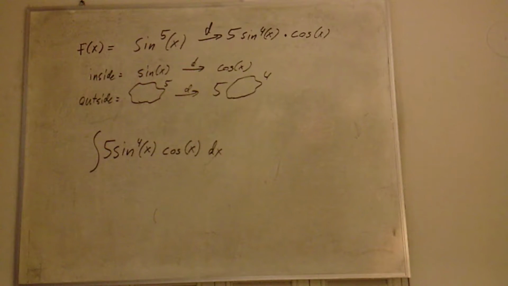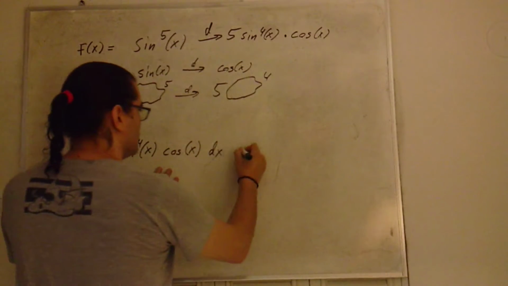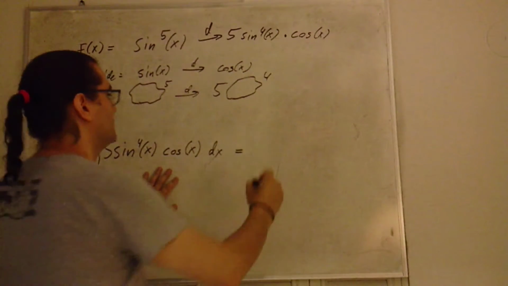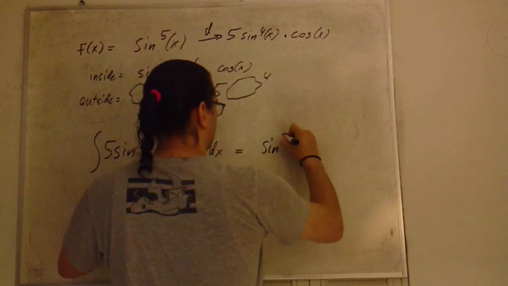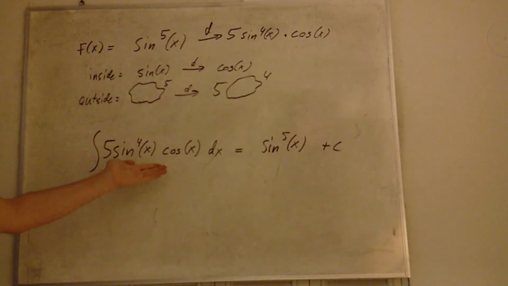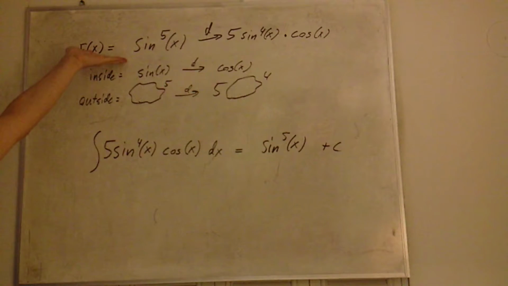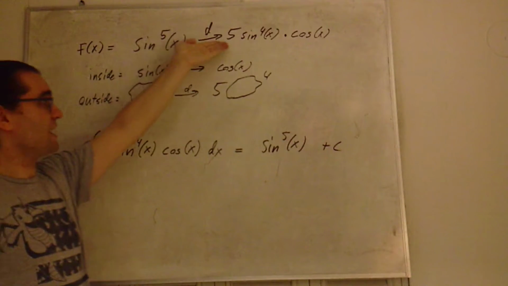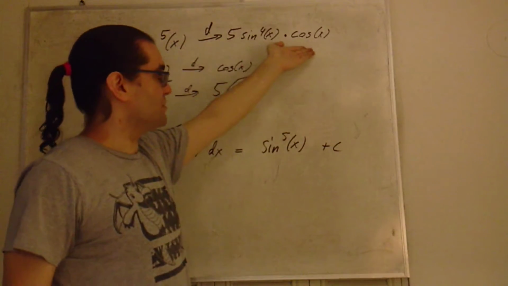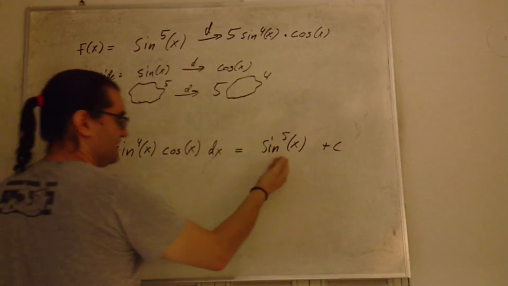The antiderivative of 5 sine to the 4th x times cosine x should be sine to the 5th x plus c. I know this because we just did that here. If the derivative of sine to the 5th x is 5 sine to the 4th times cosine, then the antiderivative of 5 sine to the 4th cosine should be sine to the 5th.